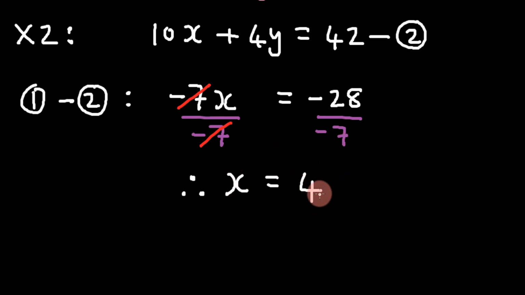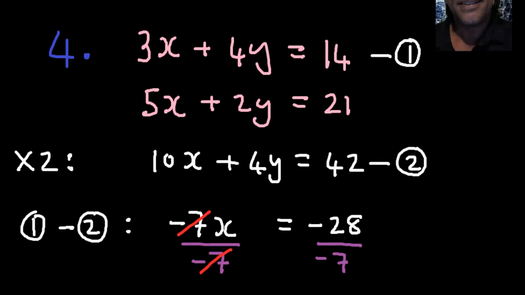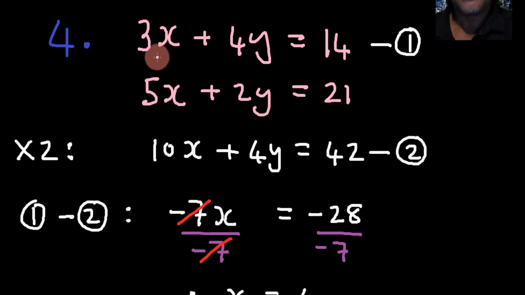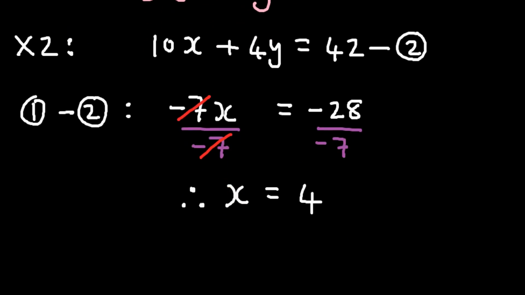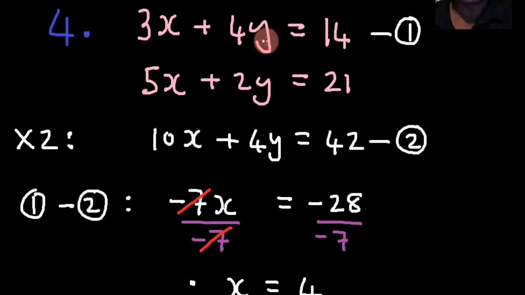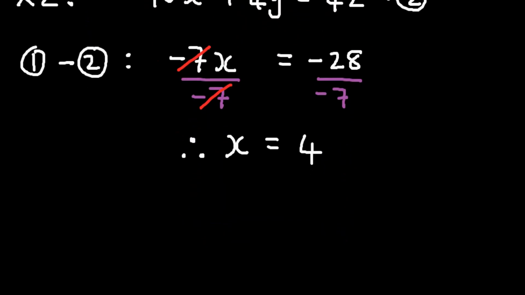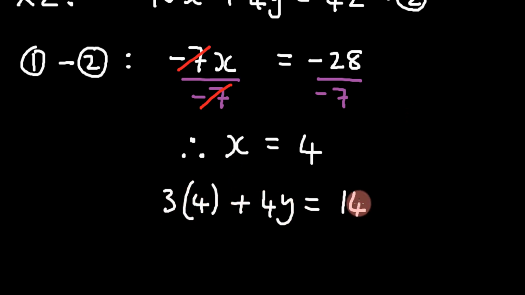So now we have the value of x. We can get the value of y by plugging x back into the first equation. So 3x plus 4y equals 14.